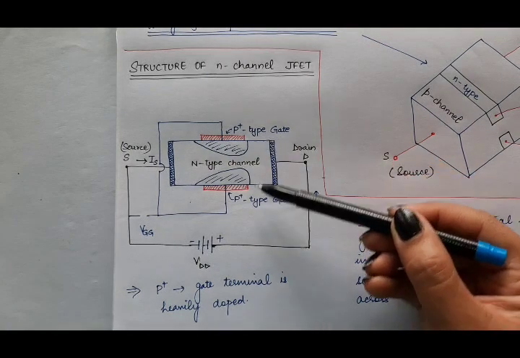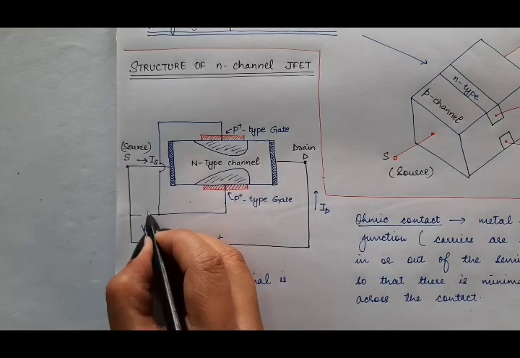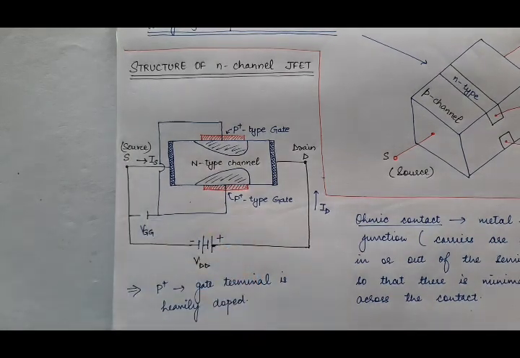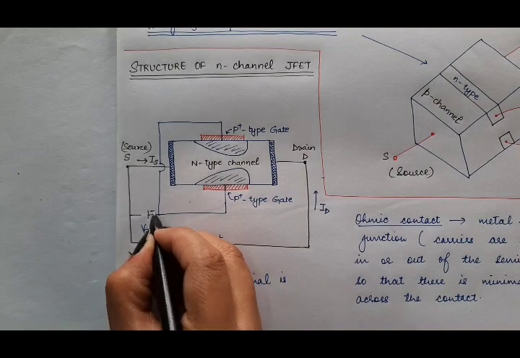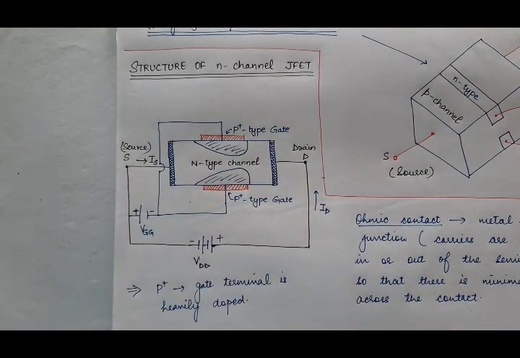Here our gate is P-type, so it will be connected to the negative terminal of the biasing voltage. Only then will it be a reverse biased junction. And then the source will be connected to the positive terminal of the external biasing voltage.